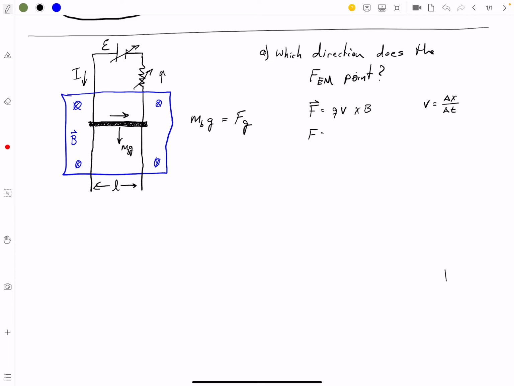So F equals, we've got q, basically we're saying I times L cross B. All right, so that is equivalent simply because of this.